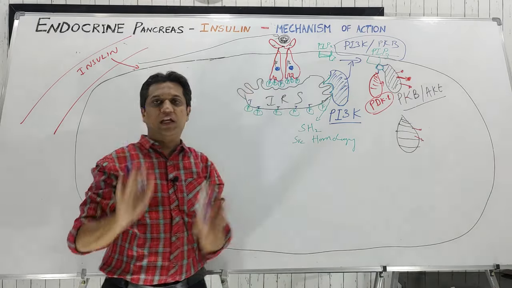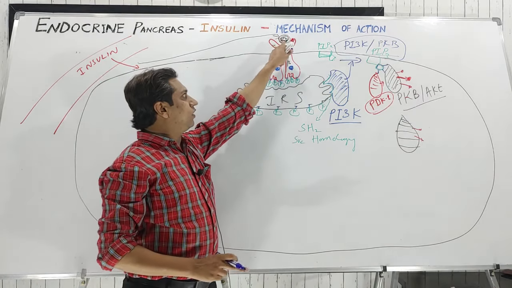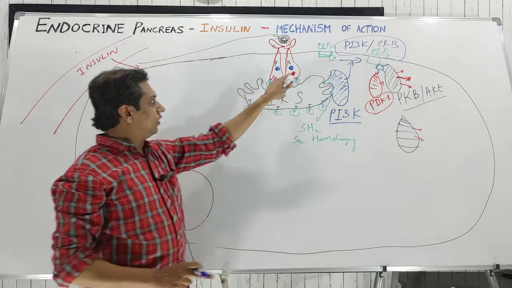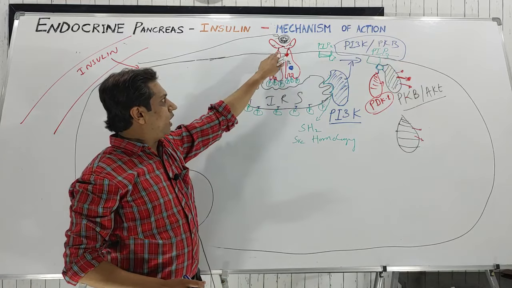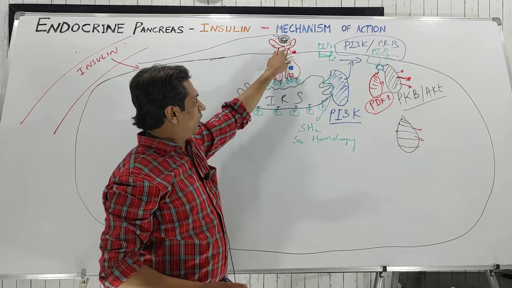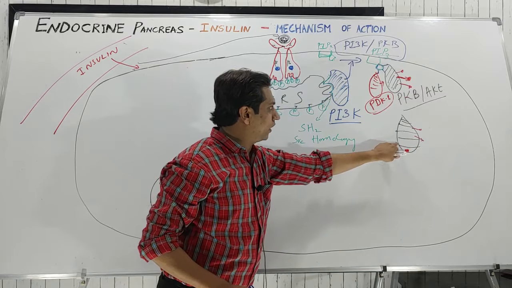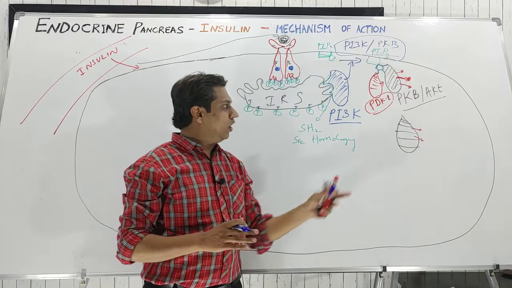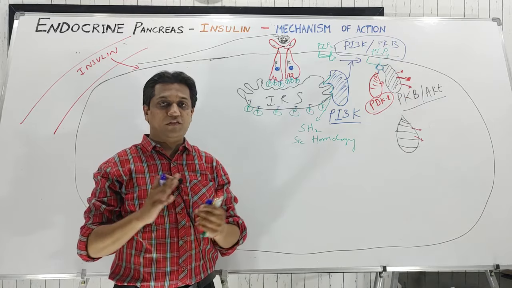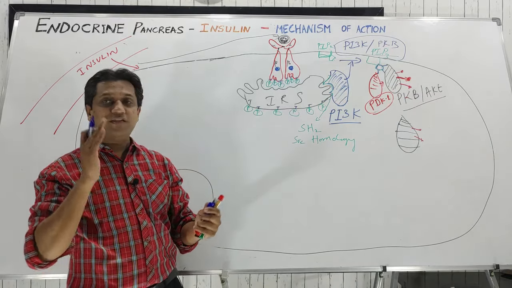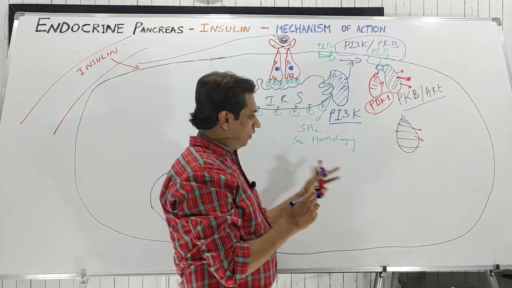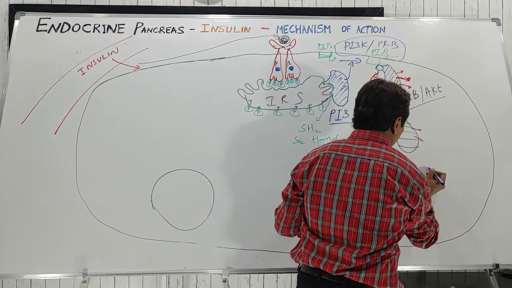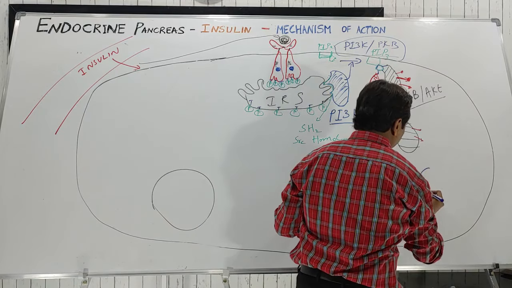That is, ultimately when insulin binds to the insulin receptors on the cell surface, it leads to activation of this molecule. Now this molecule is the main molecule which will cause many changes in these cells. What changes will it cause in this cell? In the cytoplasm there are vesicles.